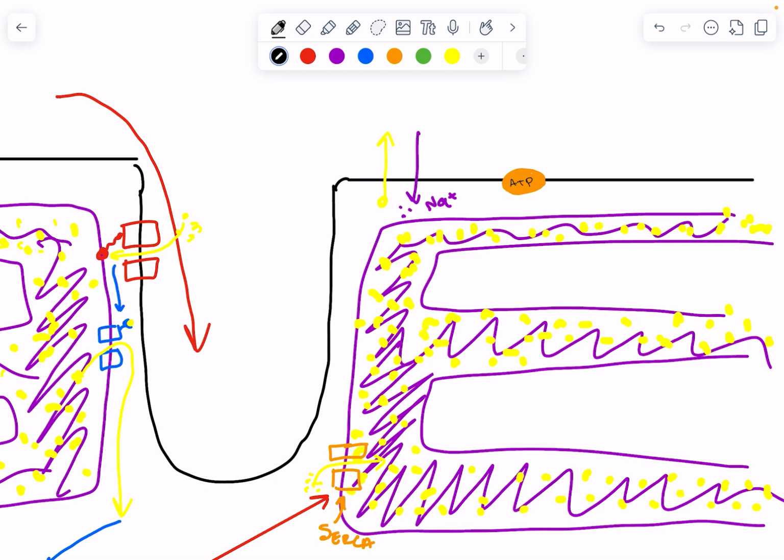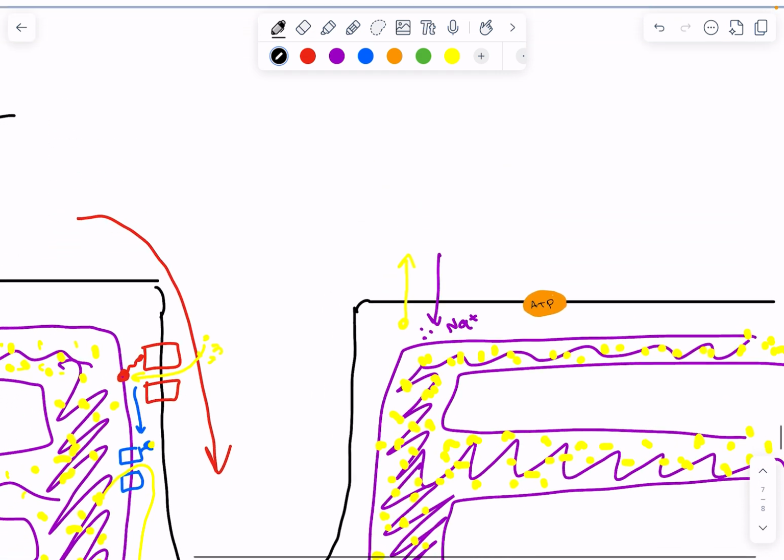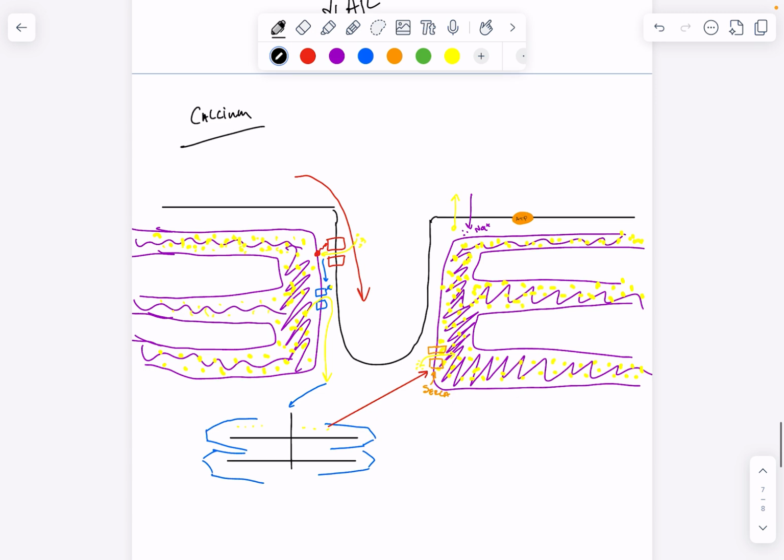Oh, that's potassium. So yeah, anyway, that's how calcium affects the cell.